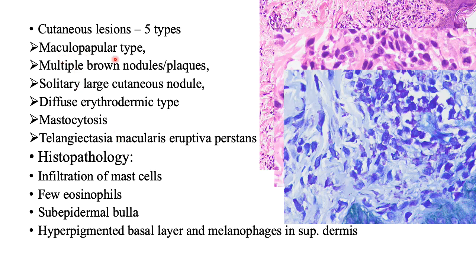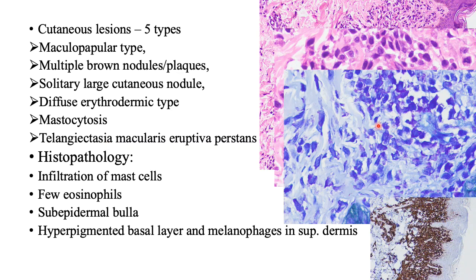In the maculopapular type and telangiectasia macularis eruptiva perstans type, the infiltration of mast cells is only in the superficial dermis and surrounding capillaries, and these are very sparse in these conditions. So, in these two types of mastocytosis, we have to take help of special stains to highlight the infiltration of mast cells.